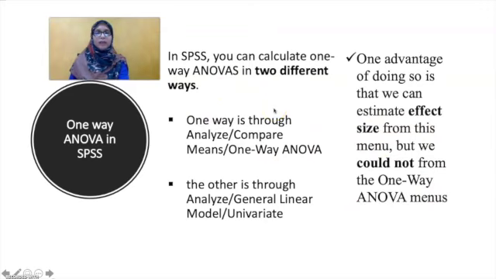However, you can run the analysis in SPSS in either of these 2 ways. But the advantage of using Univariate is that you can test the effect size, which you cannot do under the Compare Means menu.